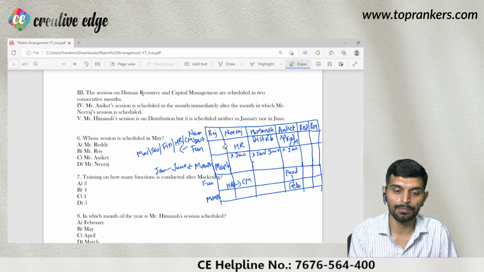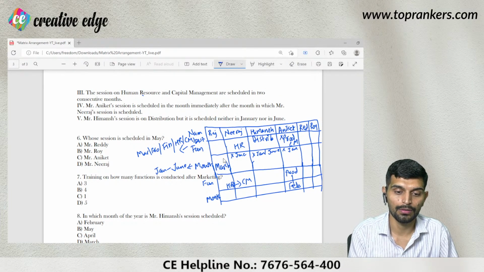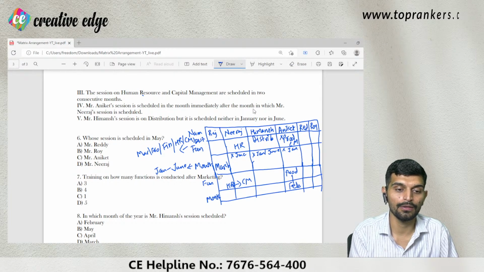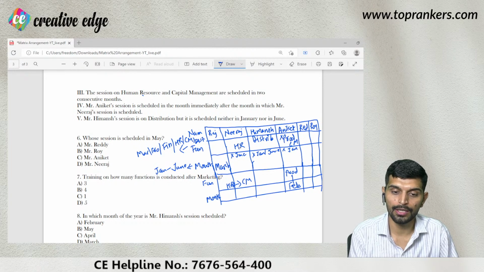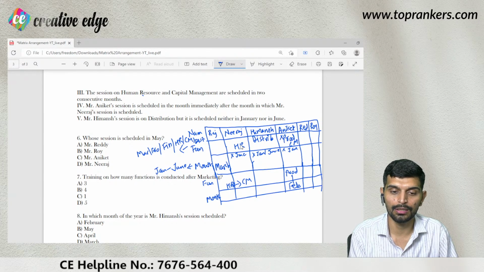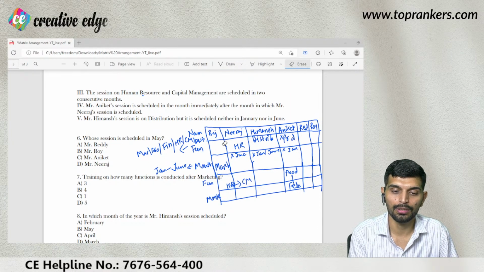Raj cannot take production and finance, right? So can Raj take session on HR and then Neeraj on capital management?